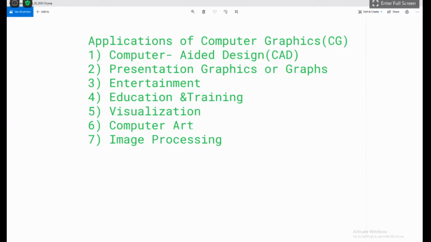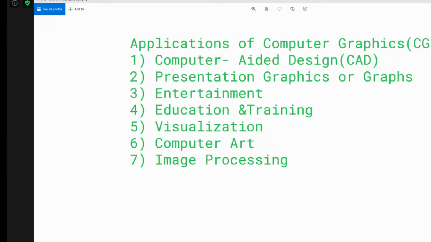We are going to use computer graphics to enhance the quality of the picture.